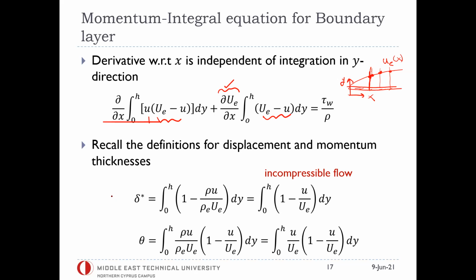The definitions are written down here. We have the delta star definition. Especially if it's an incompressible flow, these rho cancel out, so I end up with this term here. I indeed have a U_H minus u term here, so this must be related to delta star.